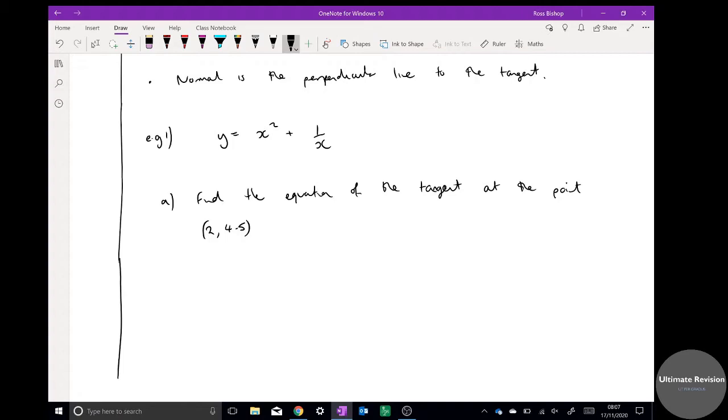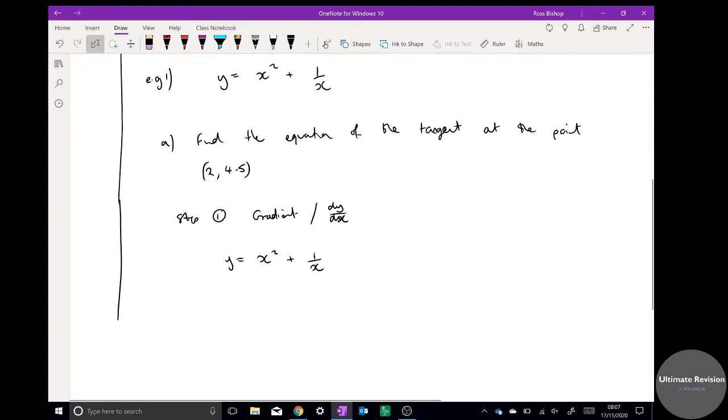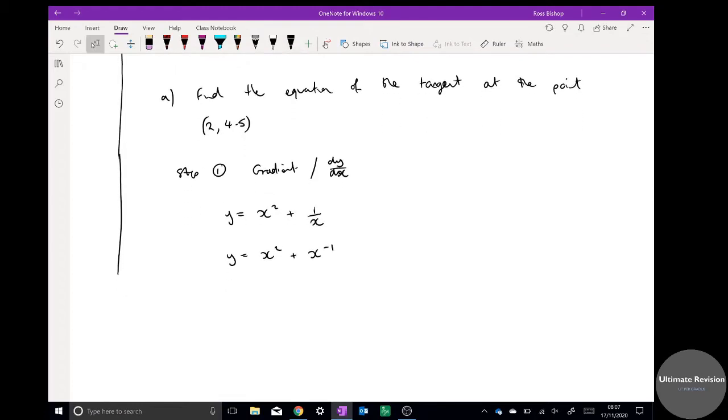Okay, to work out the equation of a tangent, I need to work out step 1, the gradient. Now, from the last session, you'll know that the gradient is also known as dy/dx. So I've got to work out dy/dx for this function. If y equals x squared plus 1 over x, you did last time's session, you need to make that 1 over x the same as x to the -1, and then I need to differentiate it.